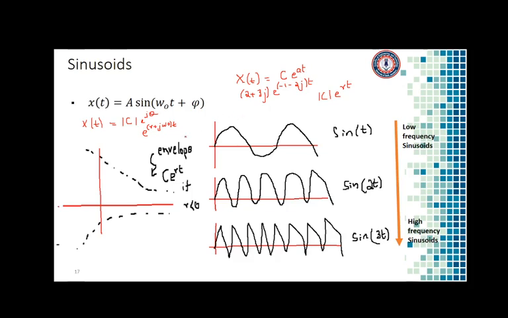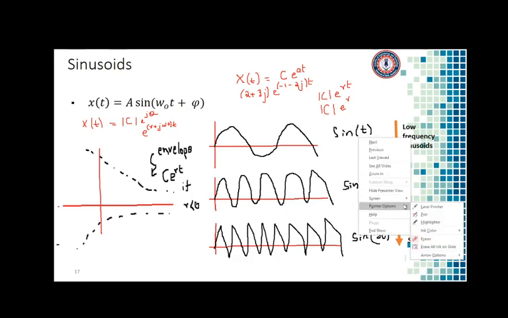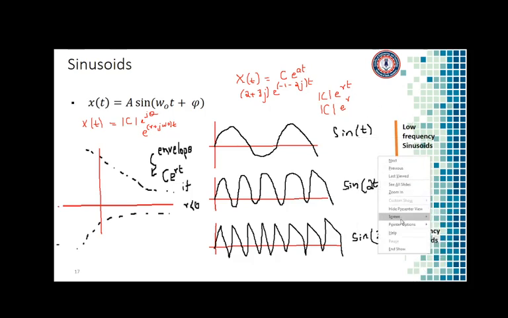Or a different way of saying this is that I can now write this as e to power r.